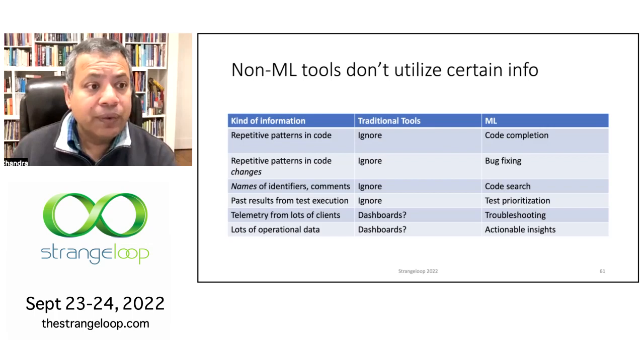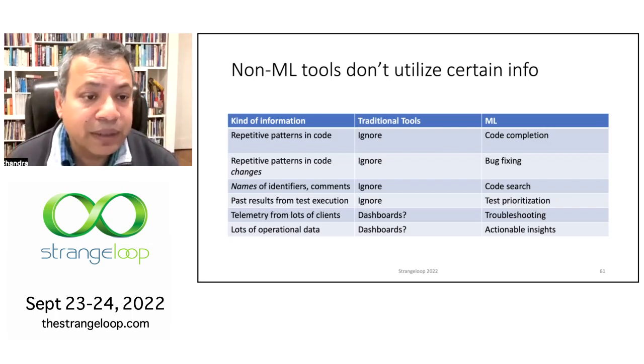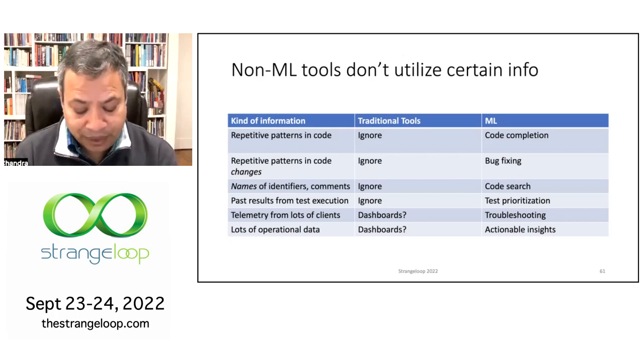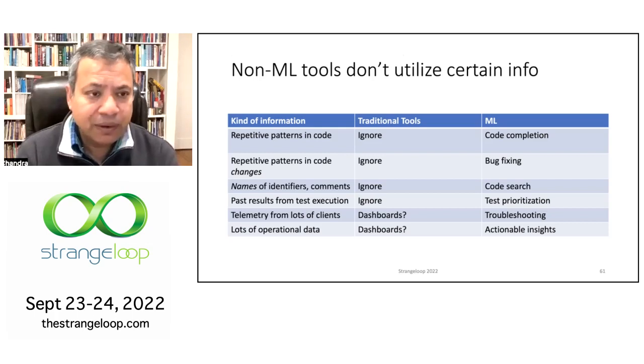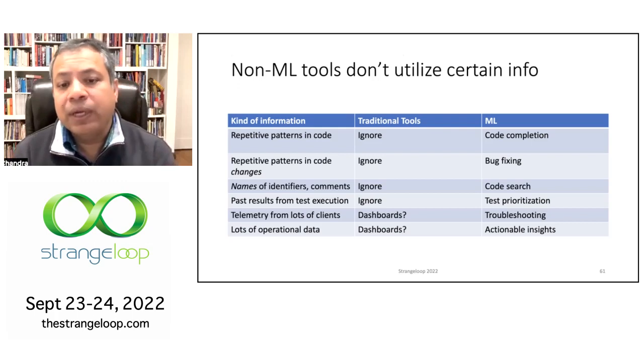Okay, so I would say that so far, a lot of the traditional tools that we just mentioned on the previous page don't really find particular use of certain kinds of information. For example, if you have repetitive patterns in code, it's not really of interest to, say, a compiler, but with ML, you can harness that information for code completion, as we saw before.